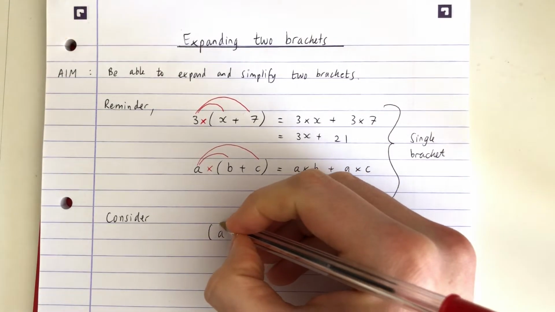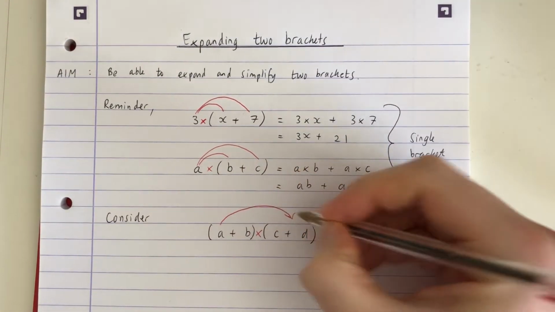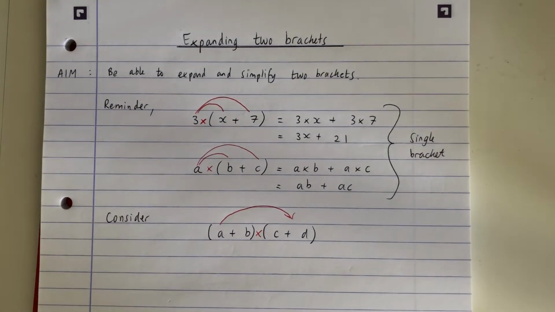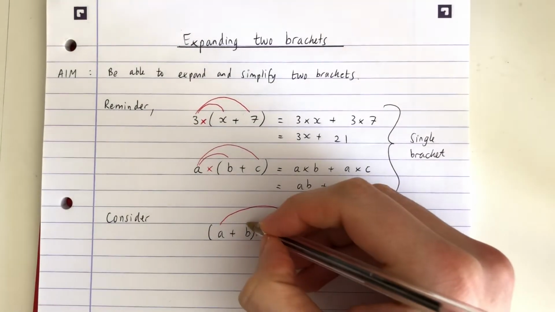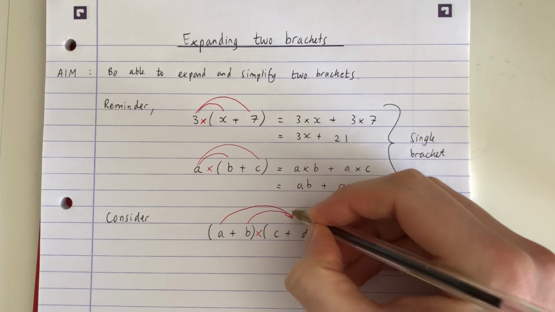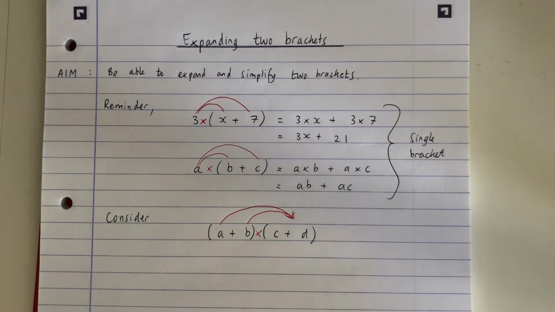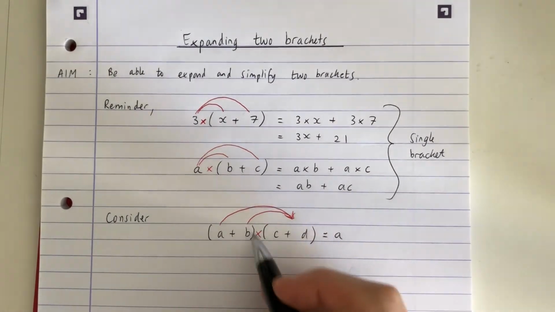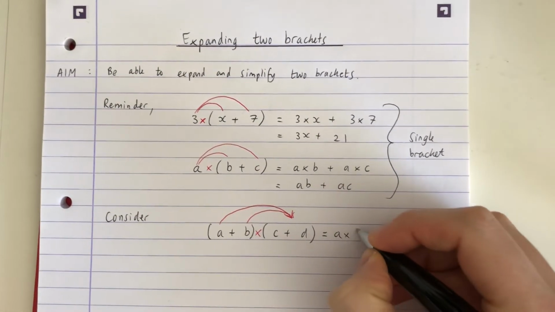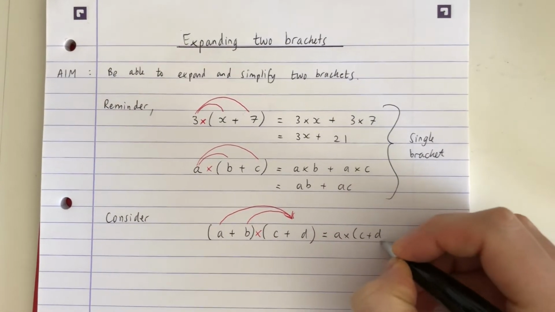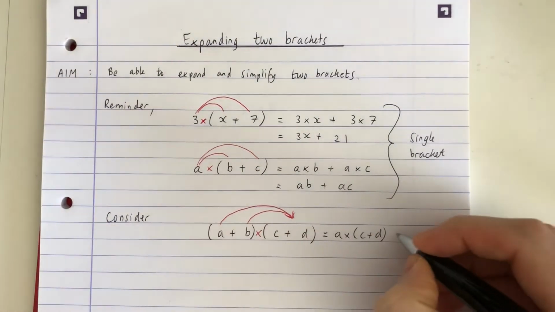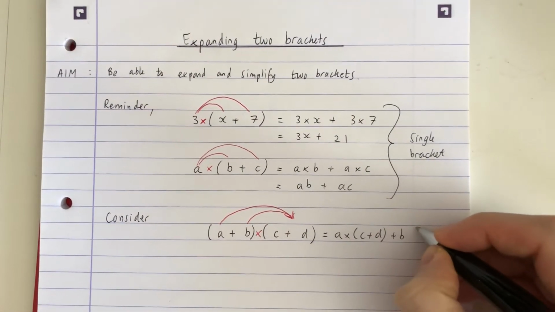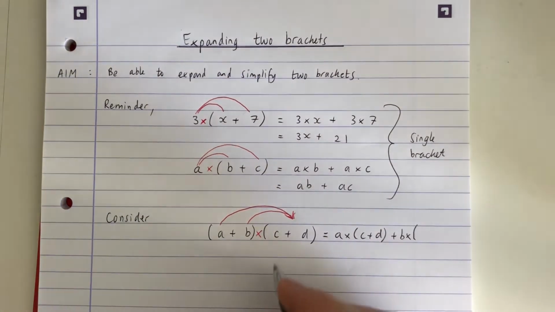So we take the first thing and times it by the entire bracket. And then we take the second number and times it by the entire bracket. And we end up with this: a, first thing, times the entire bracket, b, second thing, times by the entire bracket.